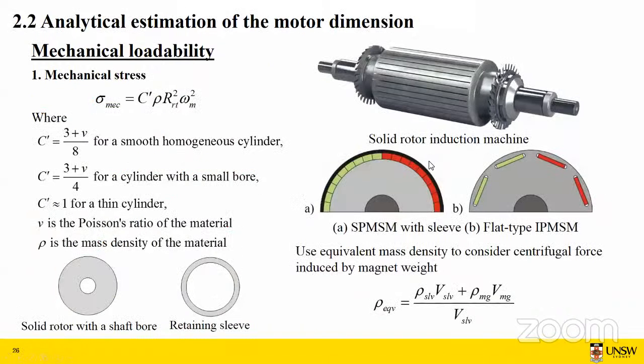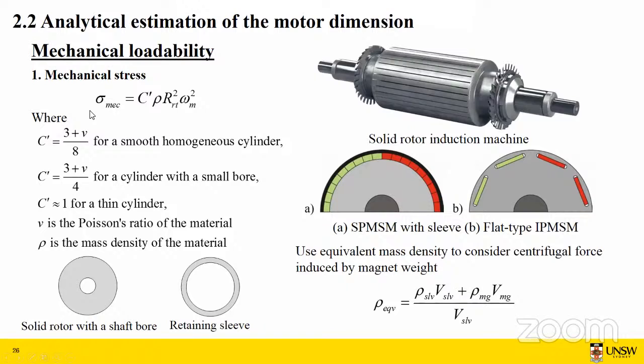How do we evaluate the mechanical loadability of a motor at the very beginning, at the initial stage when we don't know the specific parameters of a motor? To estimate the mechanical stress, we can use this equation.